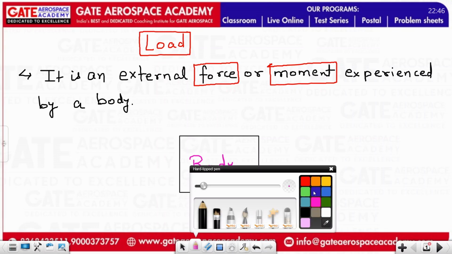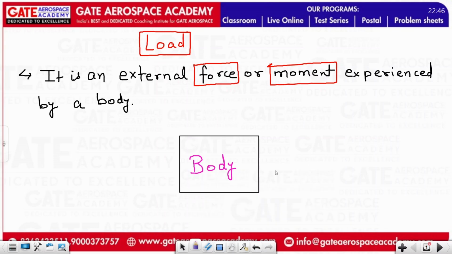If we apply any external force on this body, this external force will be termed as load.